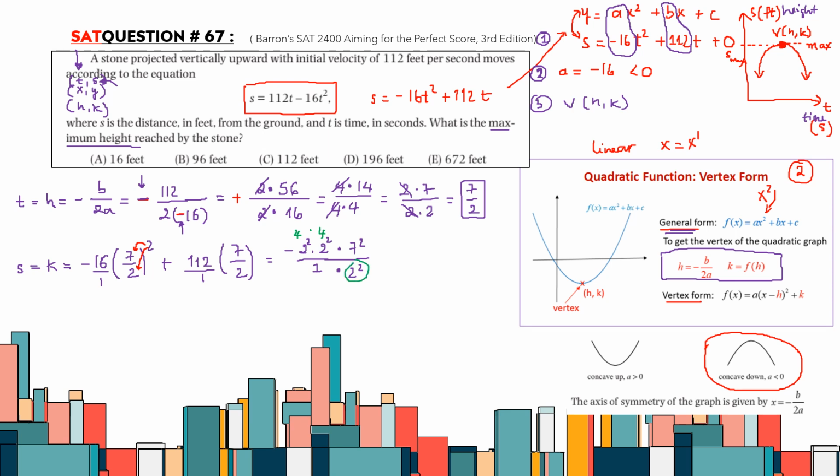And also this one is 4. So we cancel one of the factors, right? That makes it negative. That makes it negative 4 times 49, right?